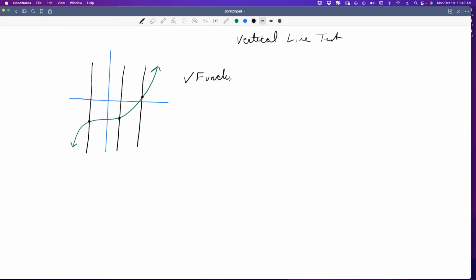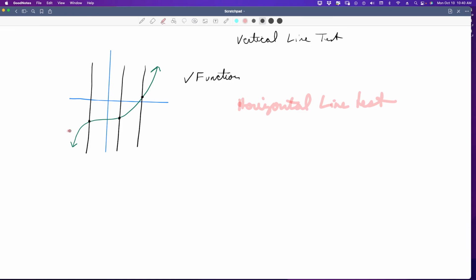Okay. Now I'm going to switch. Let me use my highlighter. That'll work. The horizontal line test, on the other hand, tells me whether or not it is a one-to-one function.